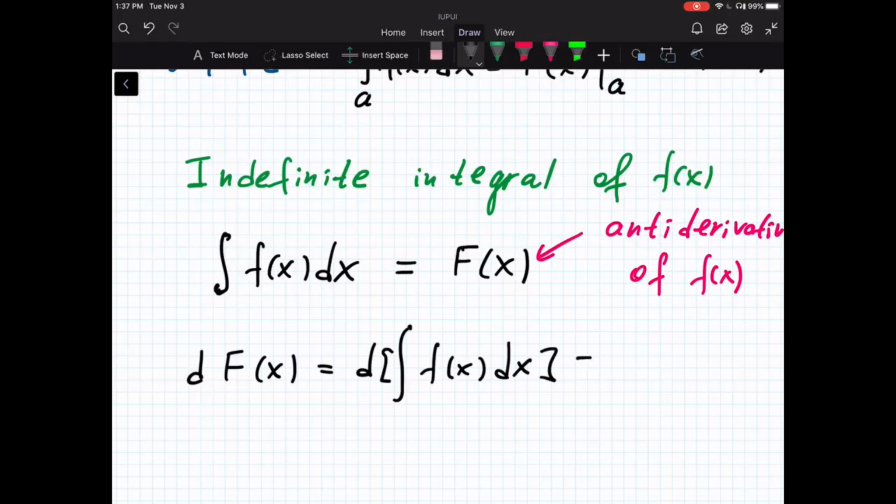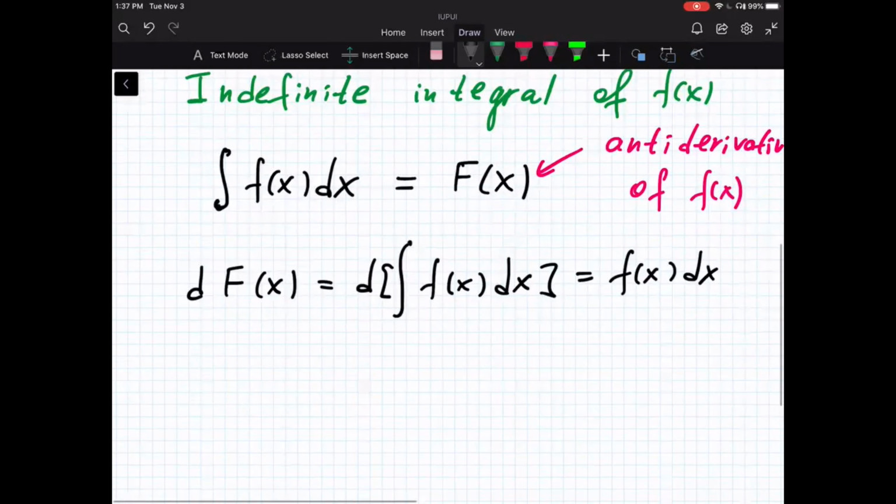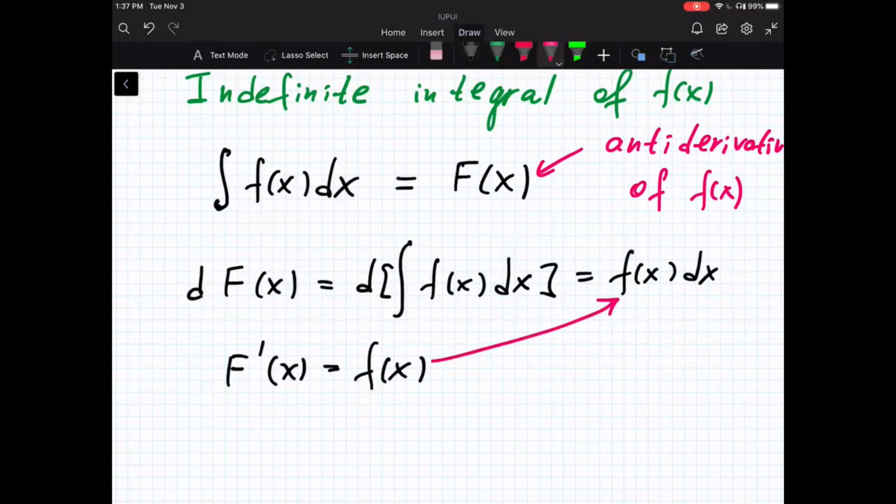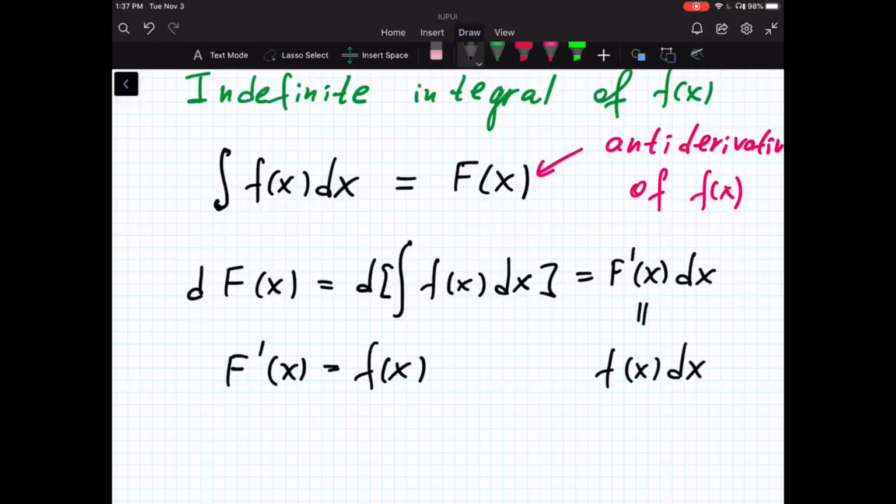Maybe better to write it this way: it is capital F prime of x times dx, but by the definition of the antiderivative, this is f of x dx.